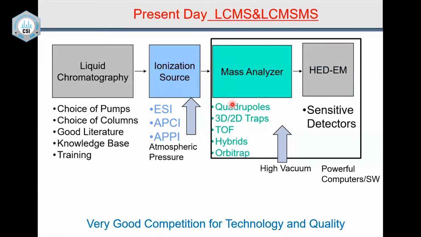So you have more types of analyzers today, and because of that we call them different types of mass spectrometers, and you have very highly sensitive detectors also. Only the mass analyzer and the detector are under high vacuum, and you have much more powerful computers and software also. So today you can say that LCMS has really come of age in the last few years, and we are able to get the greatest potential of LCMS for our use and applications.